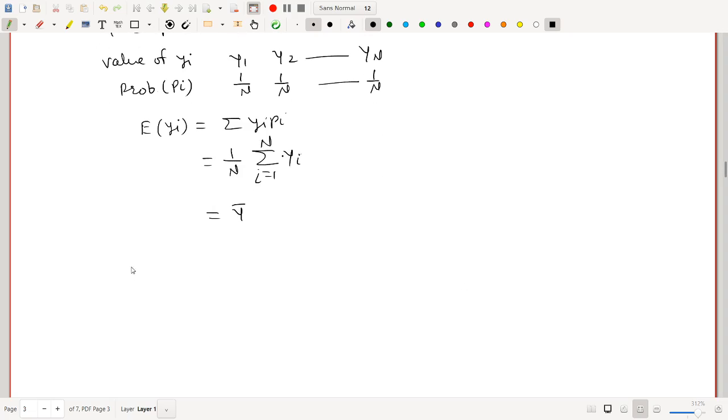Then we get expected value of small y bar is equal to 1 upon n summation i running from 1 to n. Here expected value of yi is Y bar. Now this Y bar is constant with respect to this summation, so this will be 1 upon n, n into Y bar. n gets cancelled. So expected value of small y bar is capital Y bar.